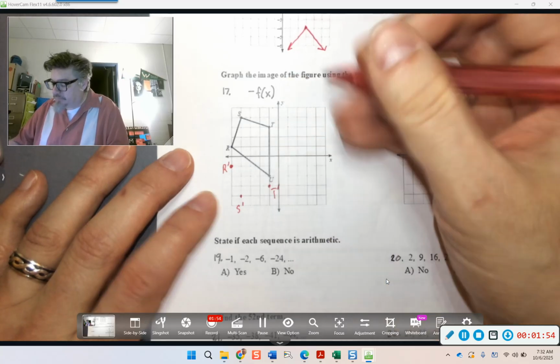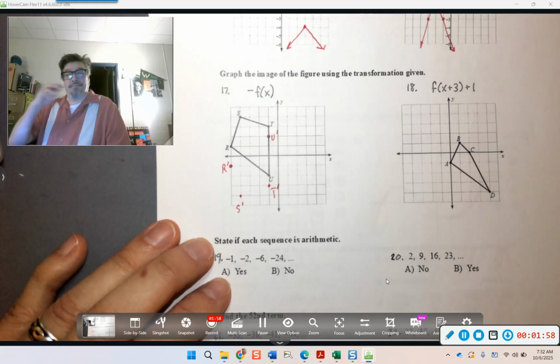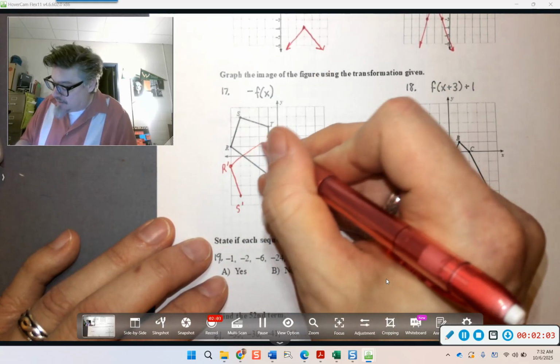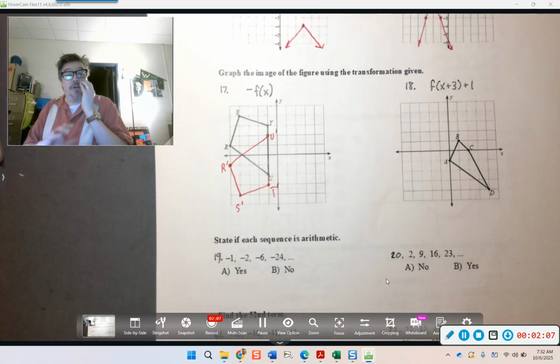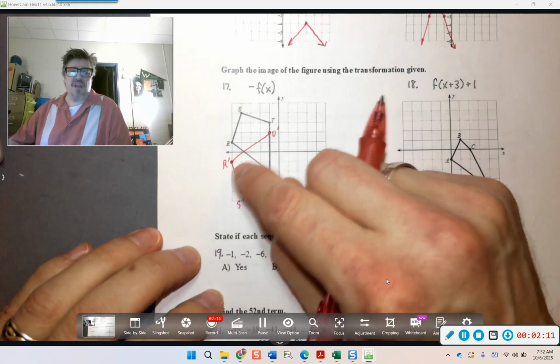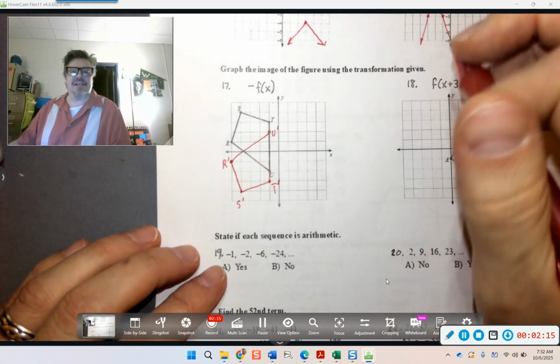That's t prime. And then u is actually on the other side here. That's u prime. And what we'll do is we'll just connect the dots. It should look symmetrical. All right, and that's it. You don't have to label them primes even. I don't care, but it's good to keep track of it.